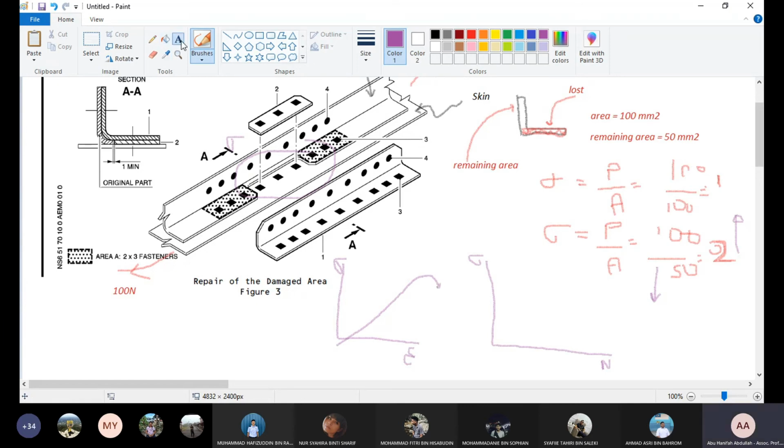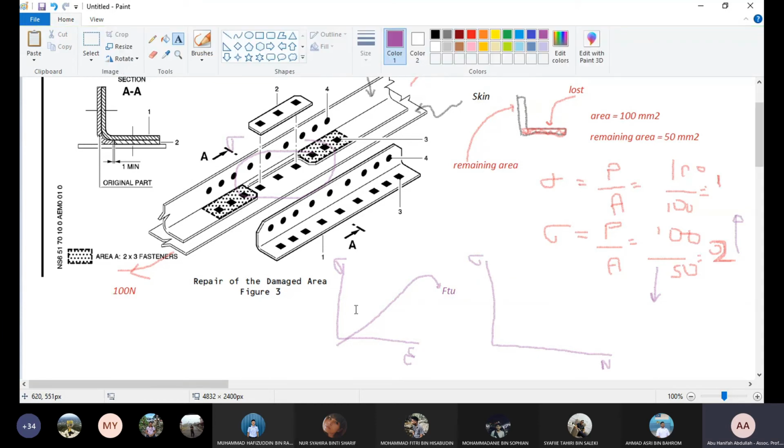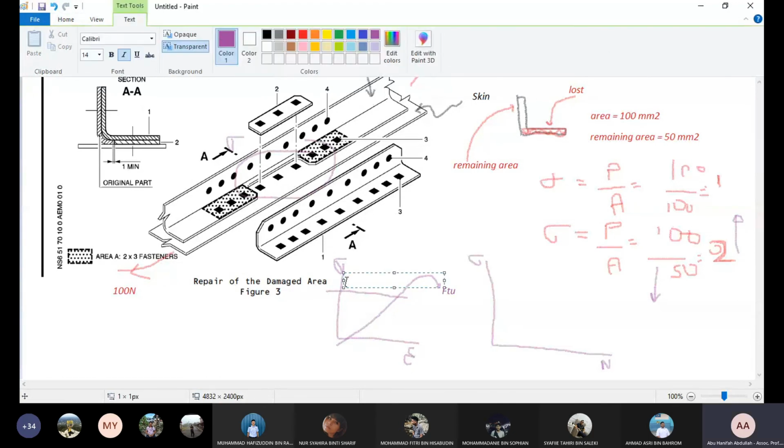So here is the failure, FTU, failure stress ultimate. And also we have the yield point somewhere. This one is FTY, yield.